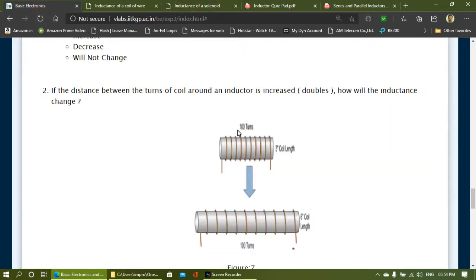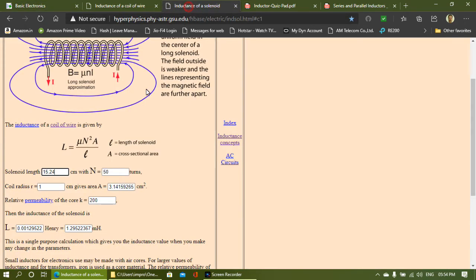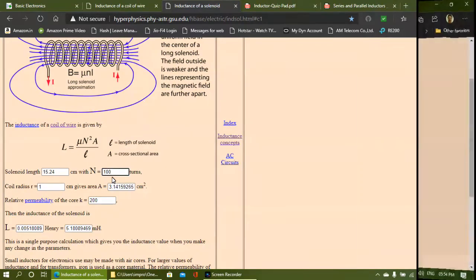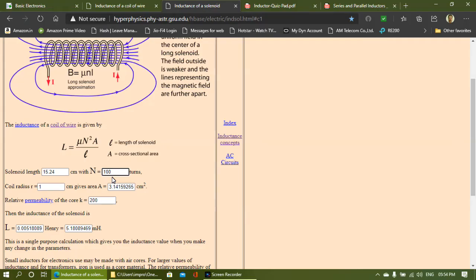They have also told that the turns should be kept at 100 turns. So as per their requirement, we also made it 100 turns. Then with 100 turns in a 6-inch coil length, we get an inductance of approximately 5.1 henry.